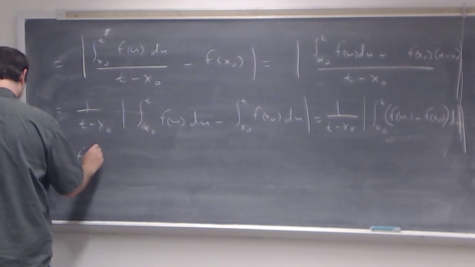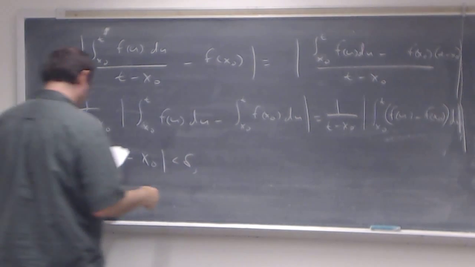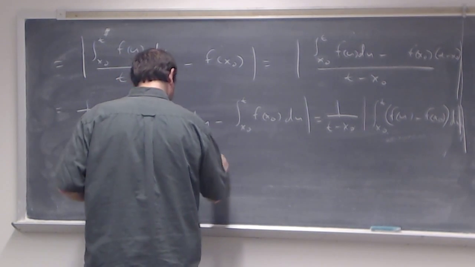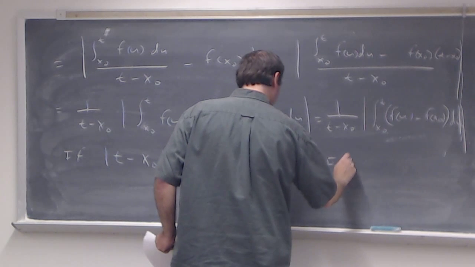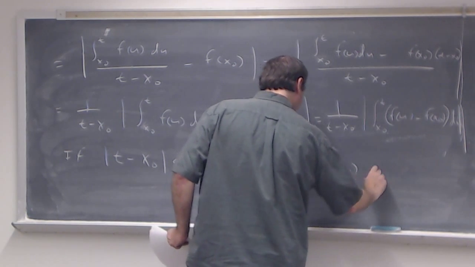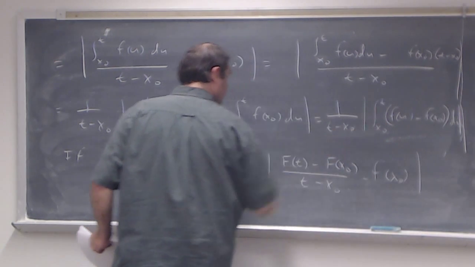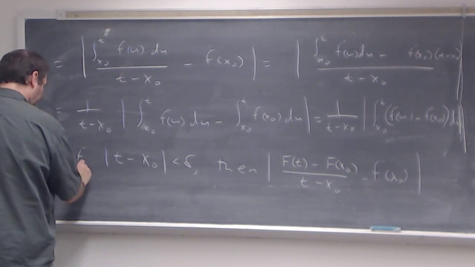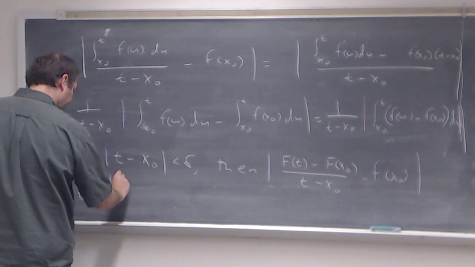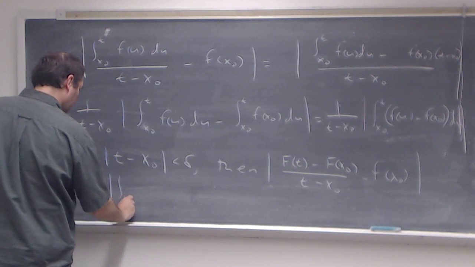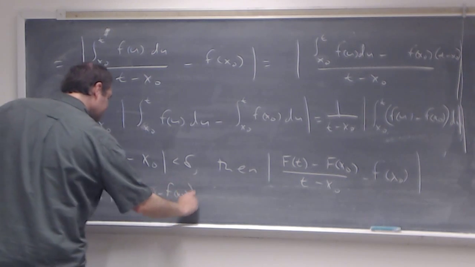Now, if absolute value t minus x naught is less than delta, because of the continuity of little f, then the absolute value of big F of t minus big F of x naught over t minus x naught minus little f evaluated at x naught, which is equal to this, will be 1 over t minus x naught times the absolute value of the integral from x naught to t of f of u minus f of x naught du.